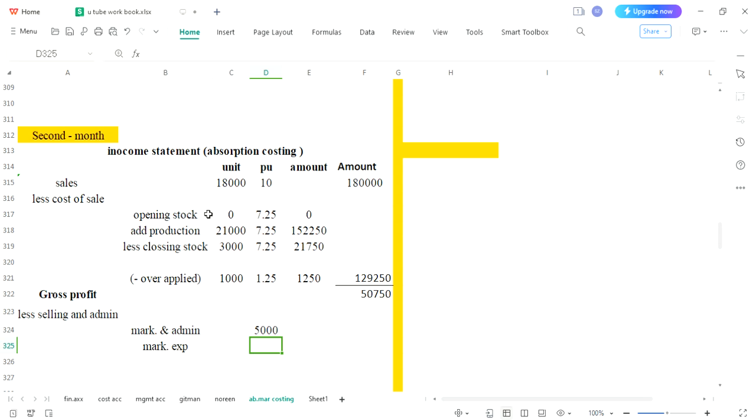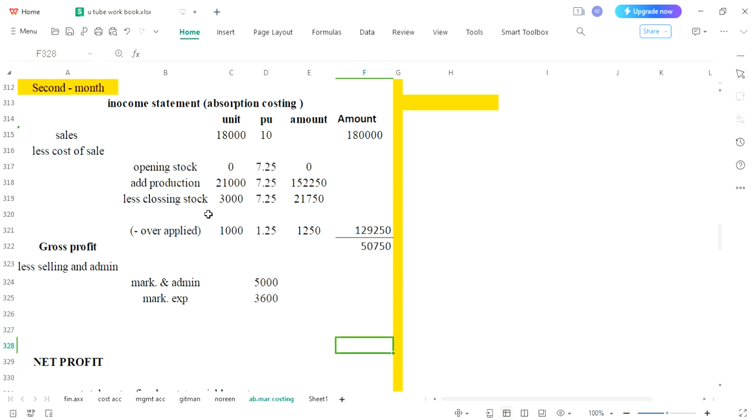Just write down 3,600. It means the selling admin portion is also completed. Let's write down over here. First selling expense was 5,000 and then second selling expense was 3,600. Total selling admin 8,600.